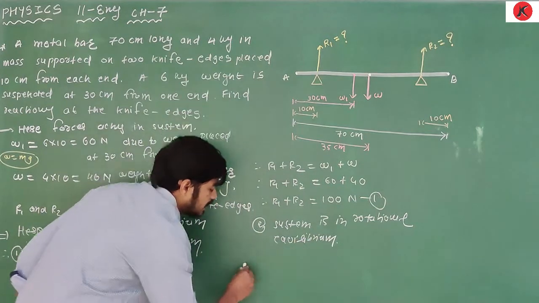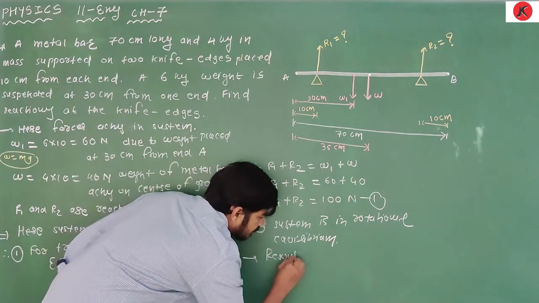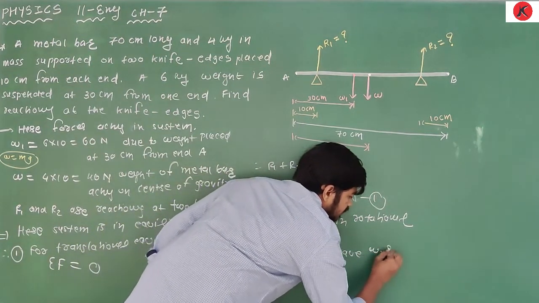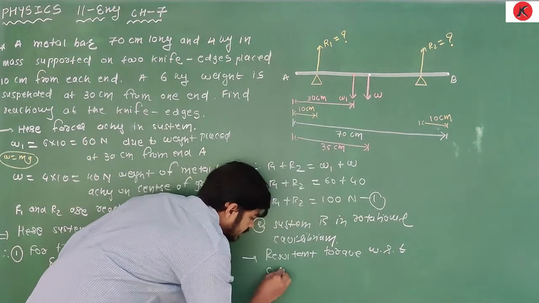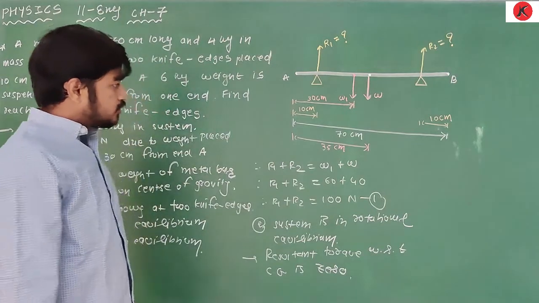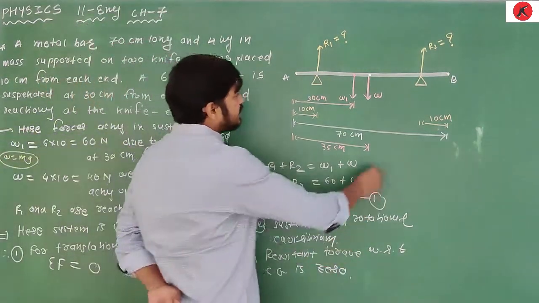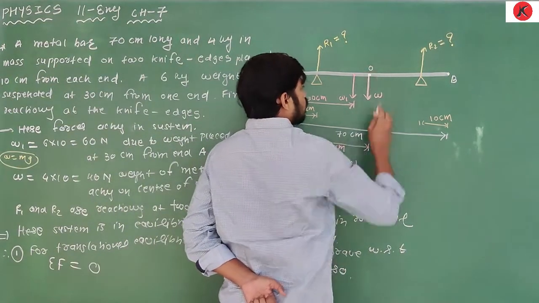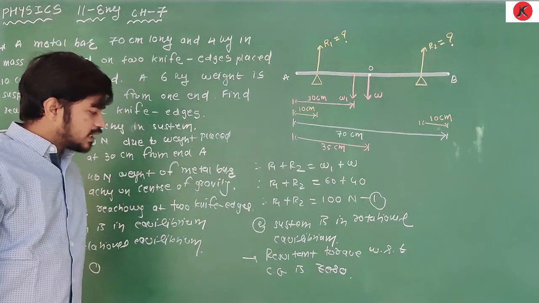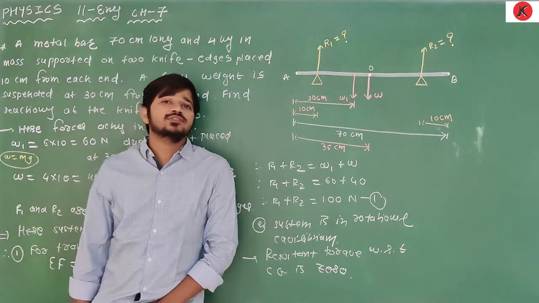For rotational equilibrium, resultant torque with respect to center of gravity is 0. See, that is center of gravity O. So resultant torque with respect to center of gravity is 0, means with respect to this point O, it is 0.